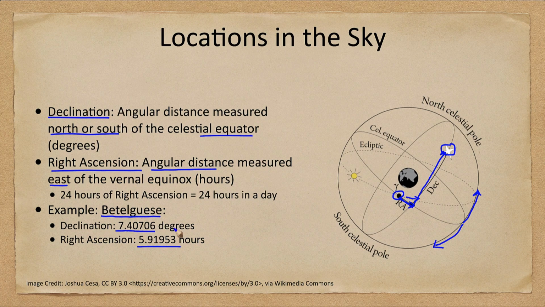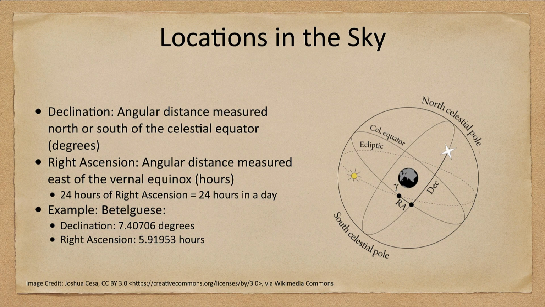Note that this is a little bit different. When we do latitudes, we do north and south. When we do declinations, we do positive and negative. So writing it just like 7 degrees means 7 degrees north of the equator. And again, the right ascension is almost 6 hours, meaning it is about a quarter of the way around the sky from the vernal equinox.